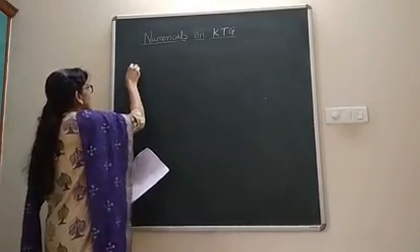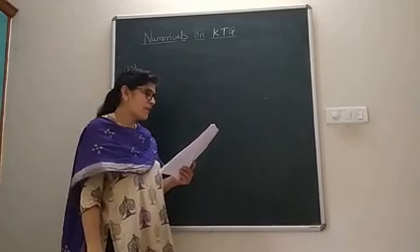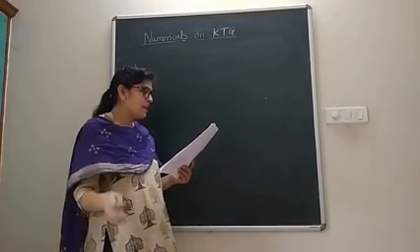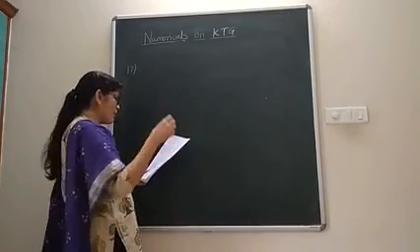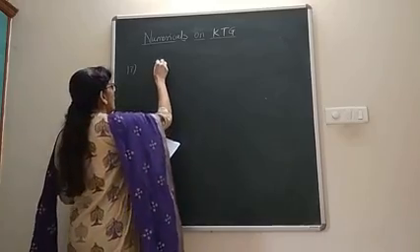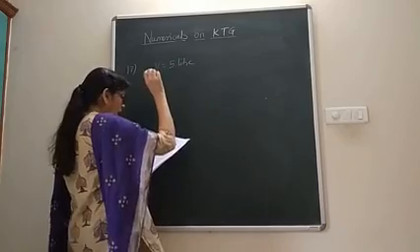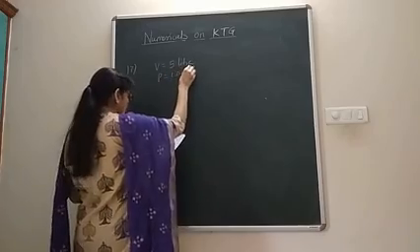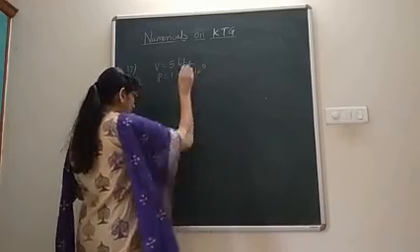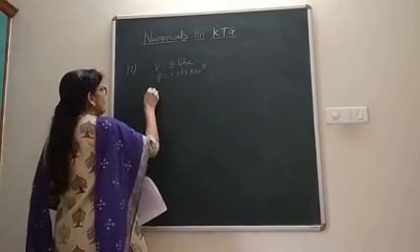Given the standard pressure is 1.013 into 10 raised to 5 Newton per meter square. The volume is 5 liter and the pressure is given as 1.013 into 10 raised to 5. So you have to find the kinetic energy.